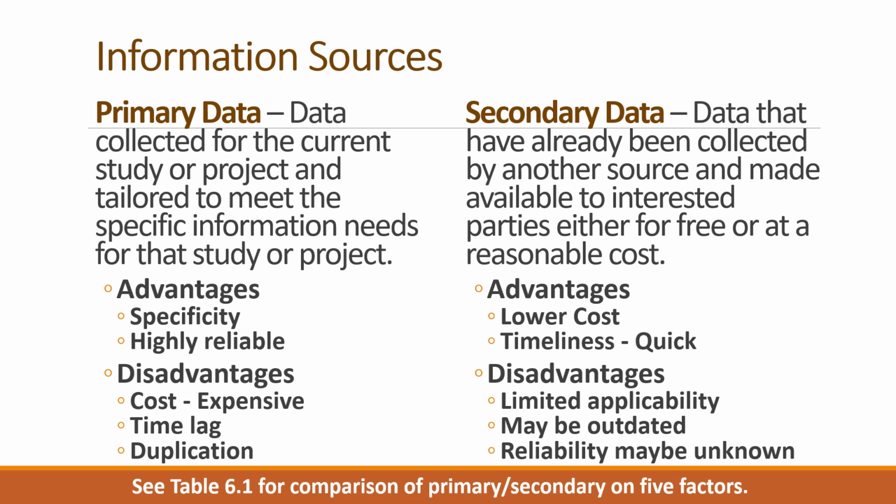The advantage of this is that it's a lot cheaper. In some cases it's free. It only costs you the time to find and access the information. The other part is it's timely, it's quick. The information has already been gathered, the research has already been done, so you can access it very quickly, and that speeds up the process of making decisions.